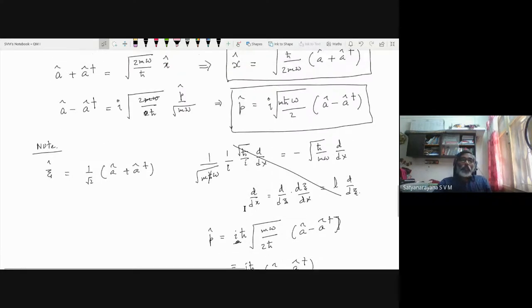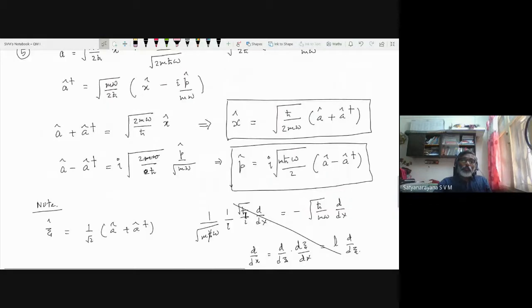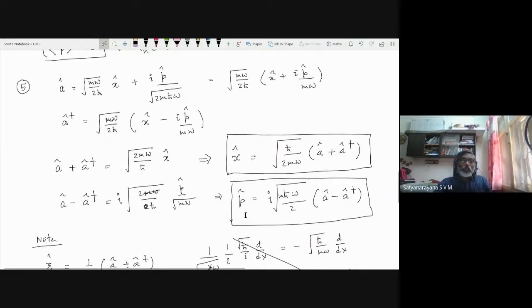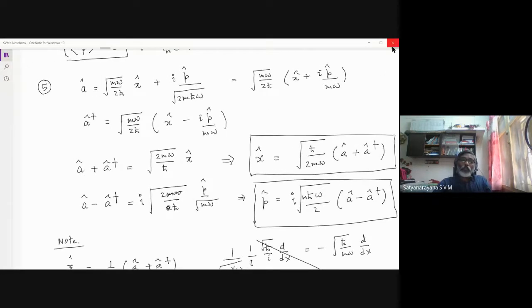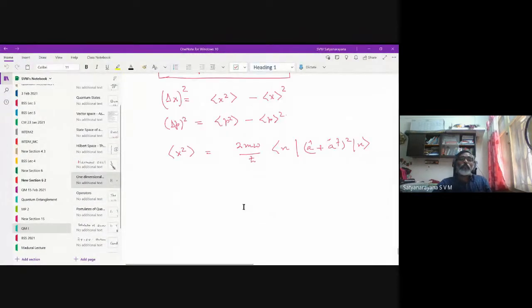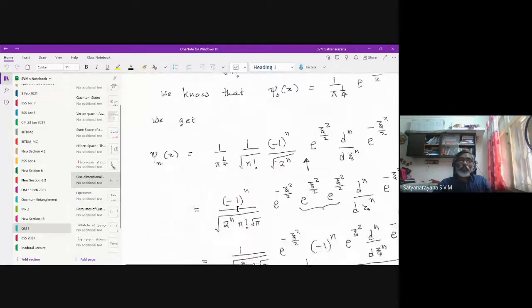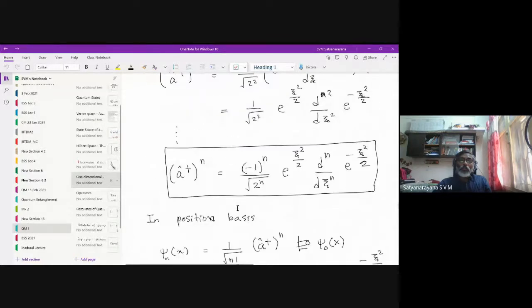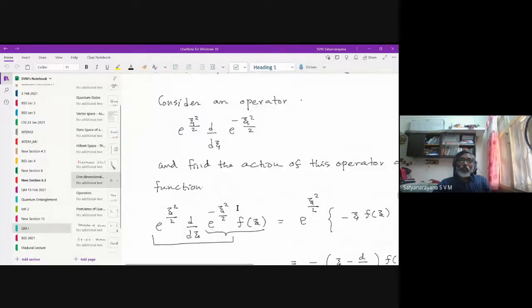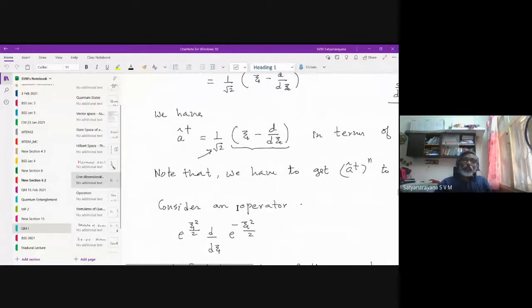Okay, so actually what I'm trying to do is that, I think it's not required that I should write p in terms of xi. But let me see, yesterday we did something with this. Yeah, so we wrote this a dagger in terms of xi minus d by d xi, right?